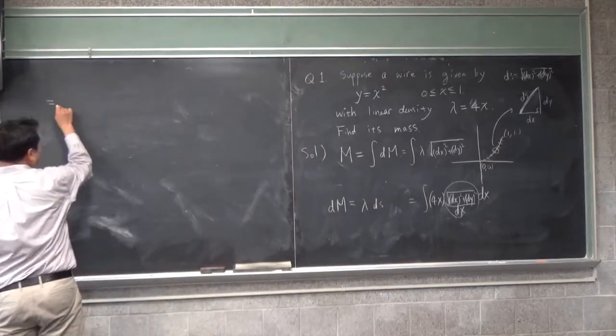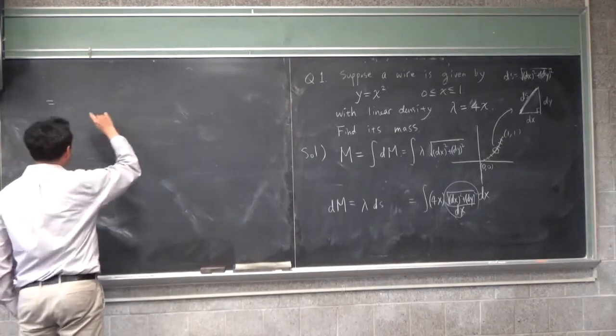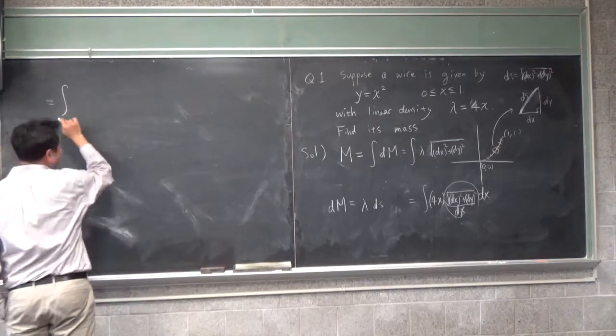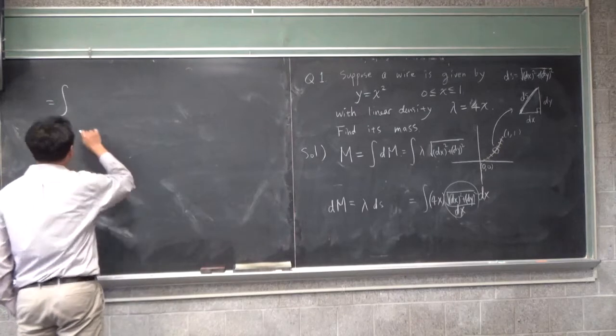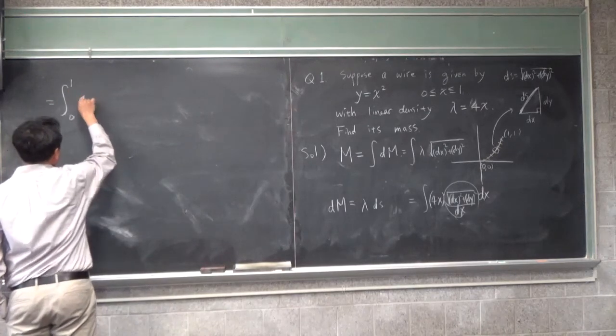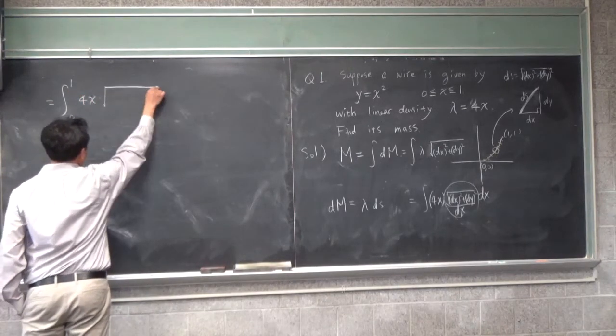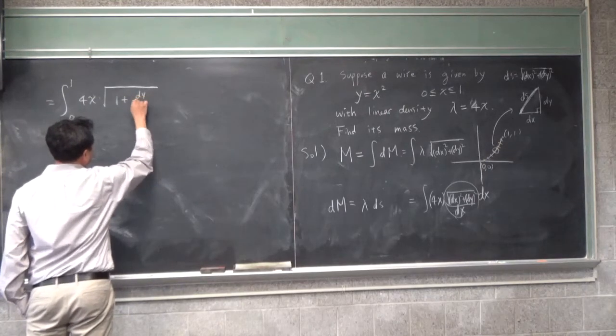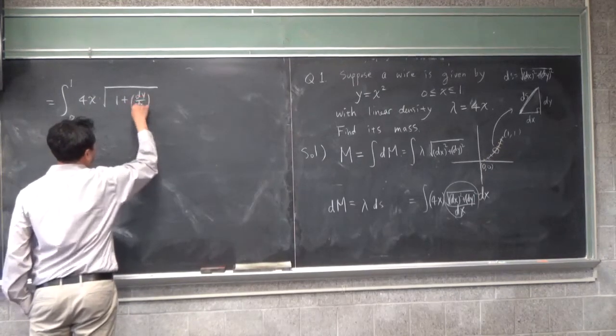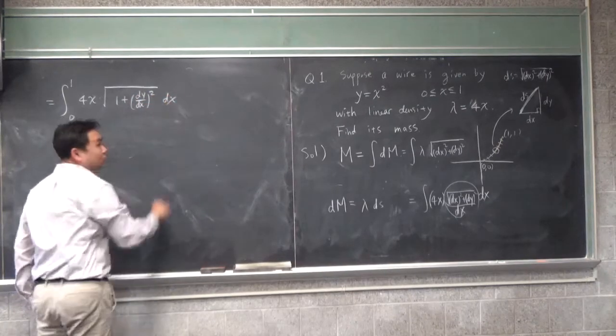So after putting the dx in and setting the fraction apart, and by the way, x goes from 0 to 1, right? So 4x square root of 1 plus (dy over dx) squared dx, just like before.